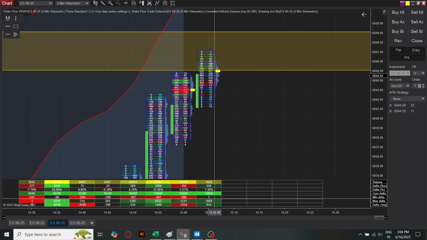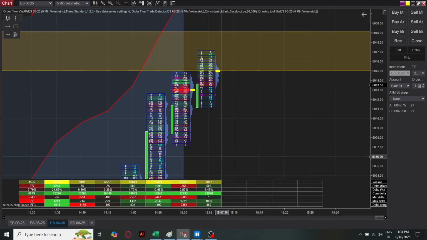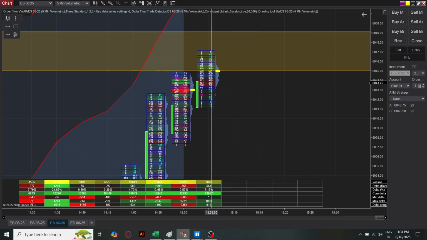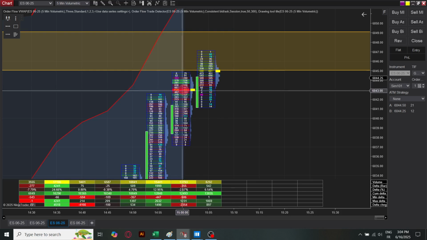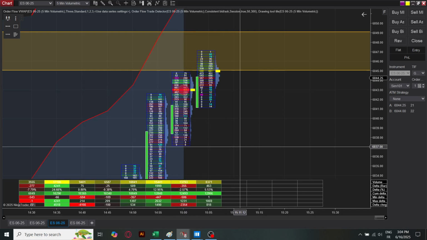If the delta is closer to the minimum delta, sellers are strong. Then I will take the cumulative delta, then delta percentage, then the volume, then the delta change, then the trade order indicator, and then the imbalances.